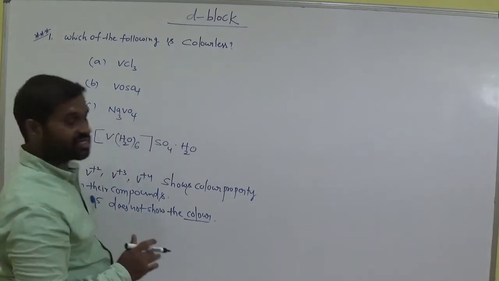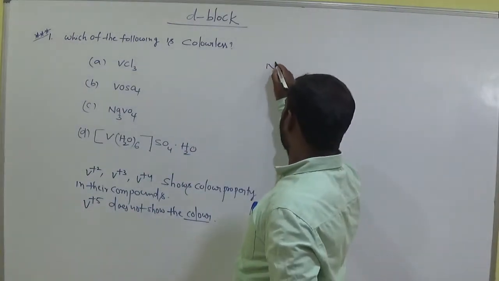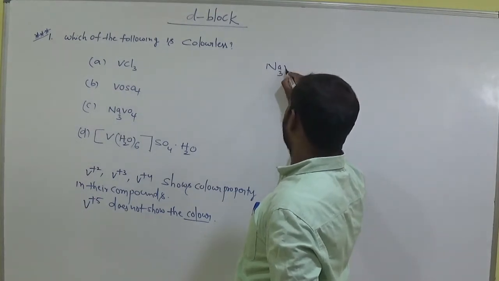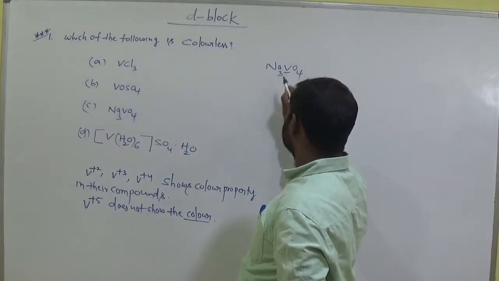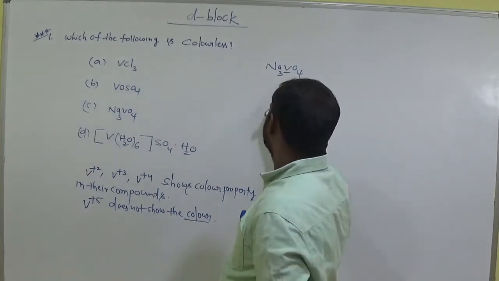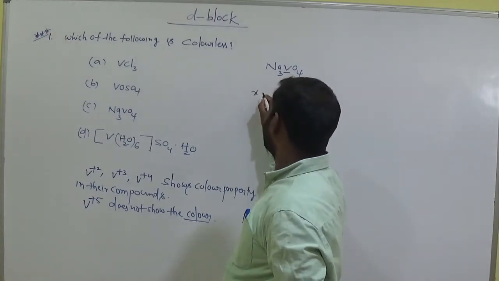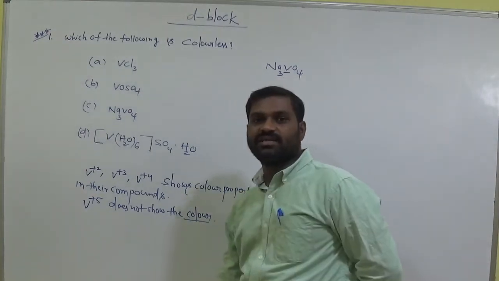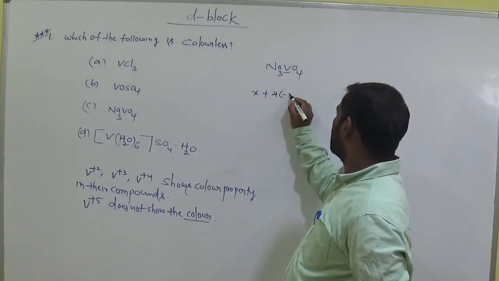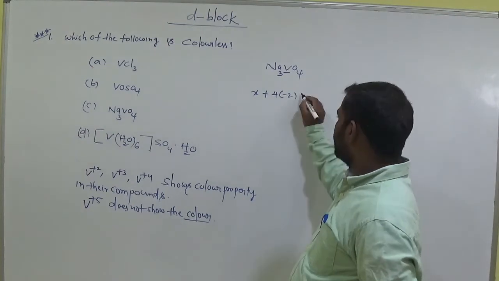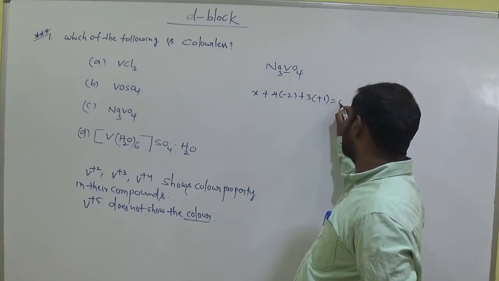But what is the oxidation state of vanadium in this compound? The given compound is Na3VO4. Now calculate the oxidation state of vanadium. We have only one vanadium, taken as X. How many oxygens? 4, each oxygen carries -2, and 3 sodium, each carries +1, equals 0.